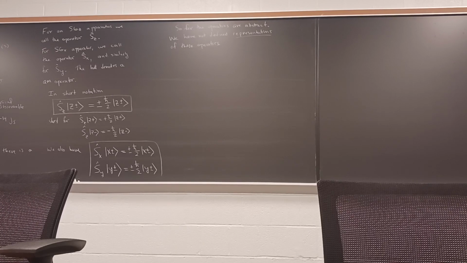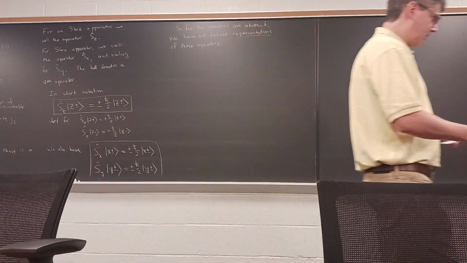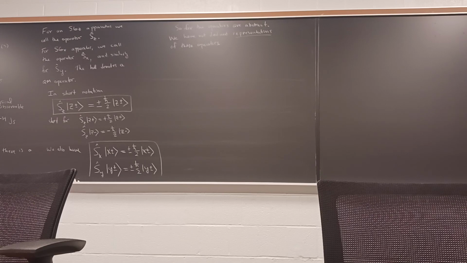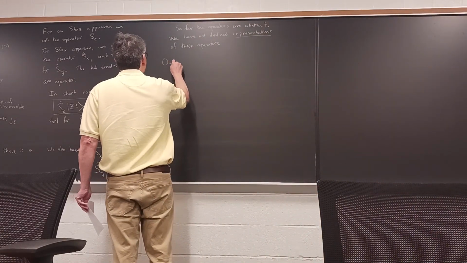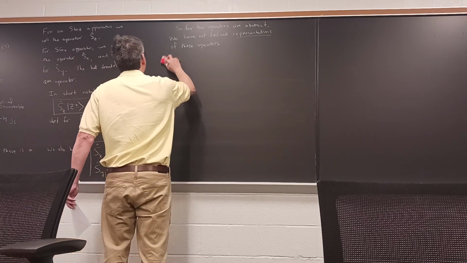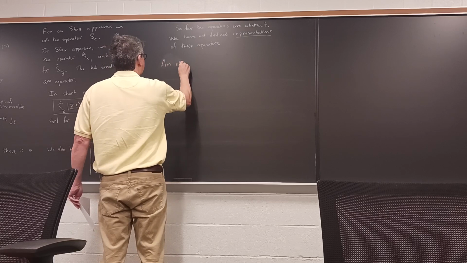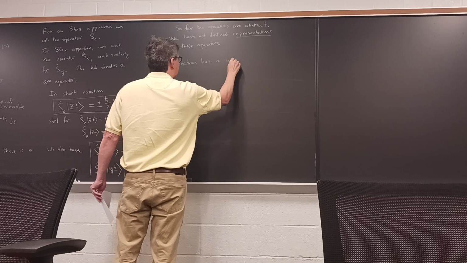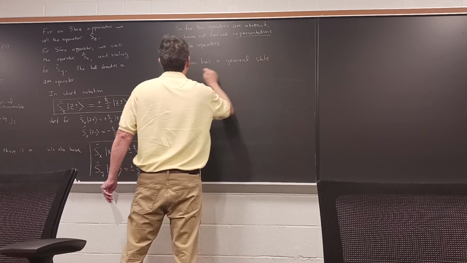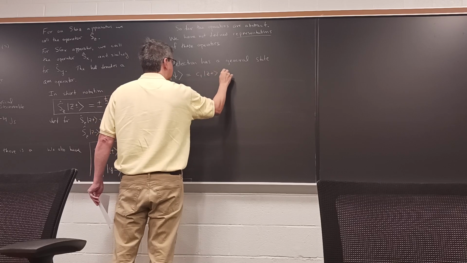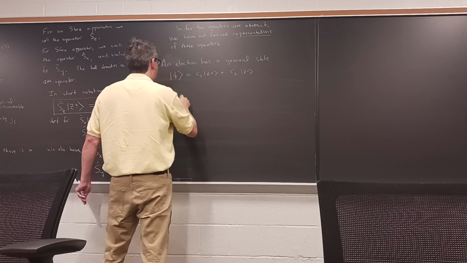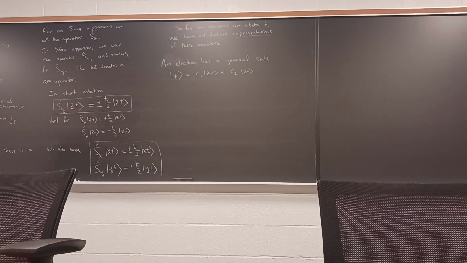Are there any questions so far, just over the basic definitions? Okay, so our electron, that's a general state for an electron in terms of its spin.